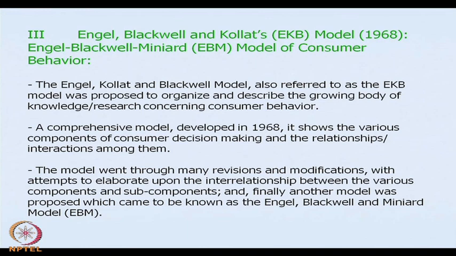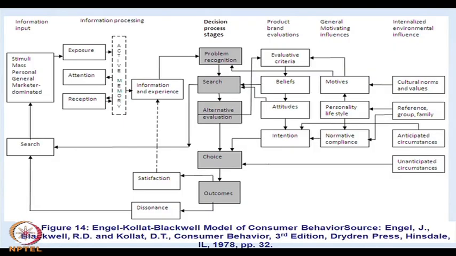Okay, now coming to the EKB model, if you have a look at the model, it basically comprises 5 parts. We start with the information input, then we have information processing, the decision process stages, the decision process variables, which get broken up into product brand evaluations and general motivating influences, and then finally we have the external influences in the form of internalized environmental influences.